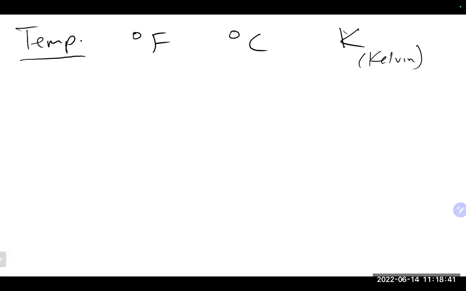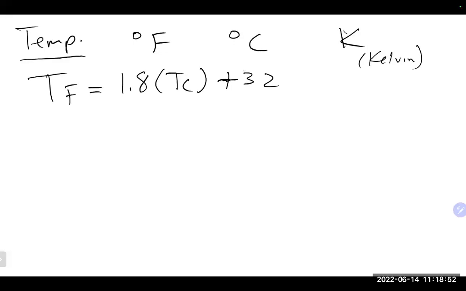Some conversions here: the temperature in Fahrenheit is equal to 1.8 times the temperature in Celsius plus 32. The 1.8 is 9/5. You maybe learned that when you're younger. As a conversion, you could do that as well, but 1.8 times that.